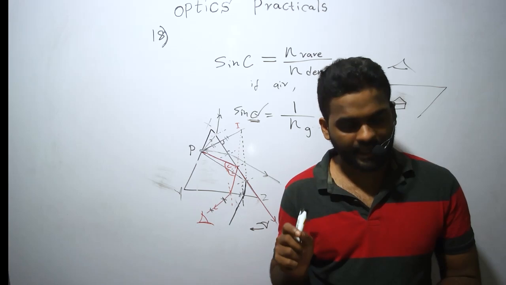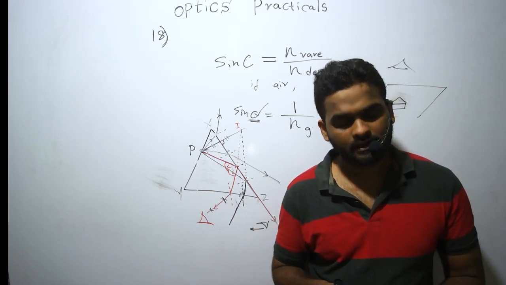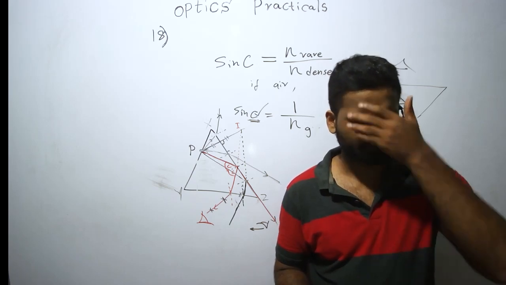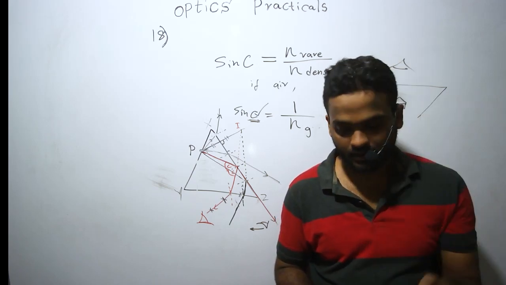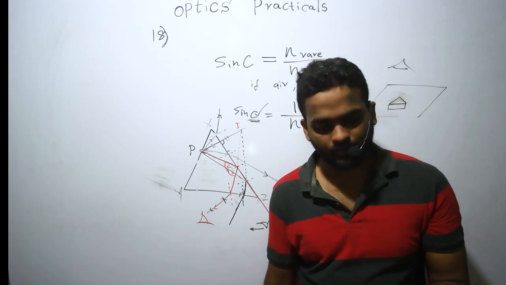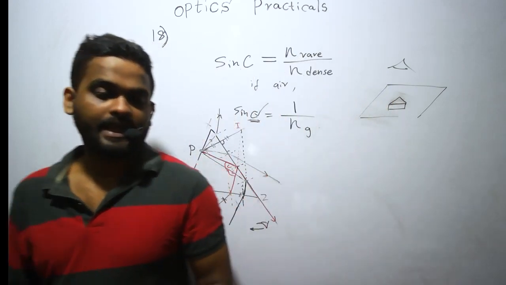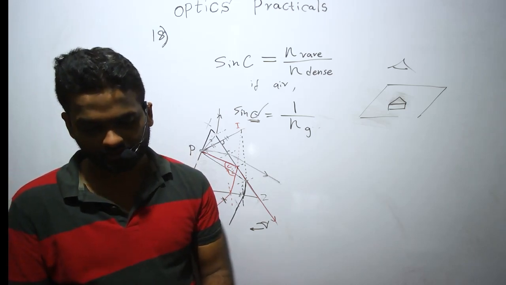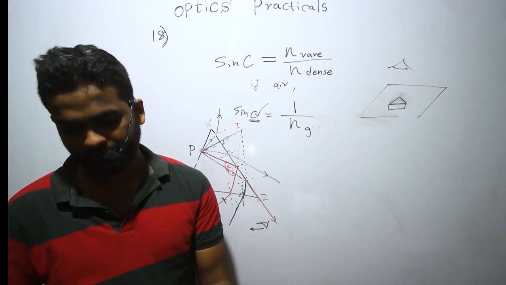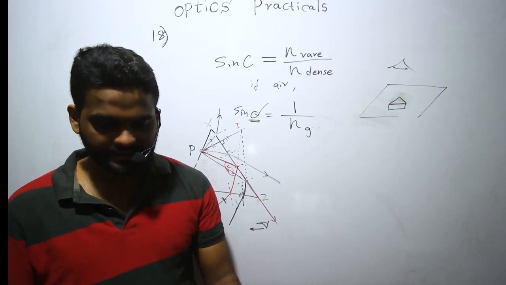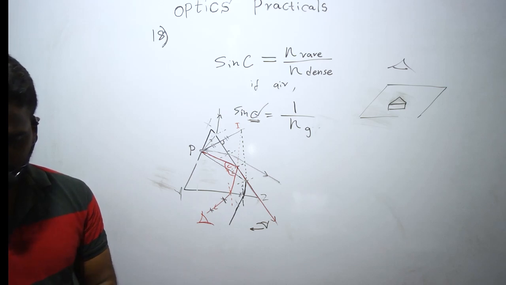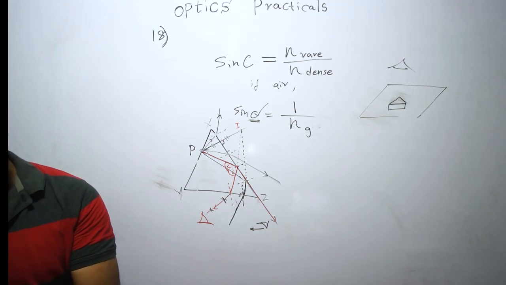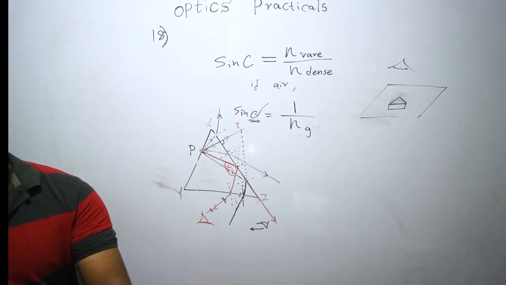Optical pin should be in contact with XY. So refraction from XY side is prevented.